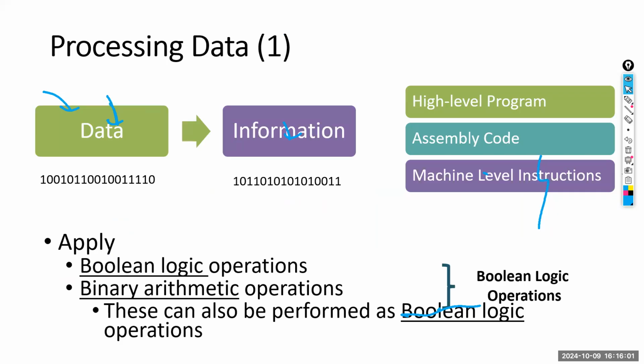So then what is meant by processing at low level? Your hardware will apply either Boolean logic operations or binary arithmetic operations, bit arithmetic things, bit logic things. And then you have the information in binary, which your high level programs can interpret.